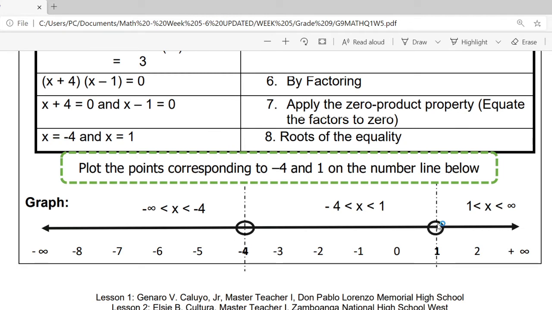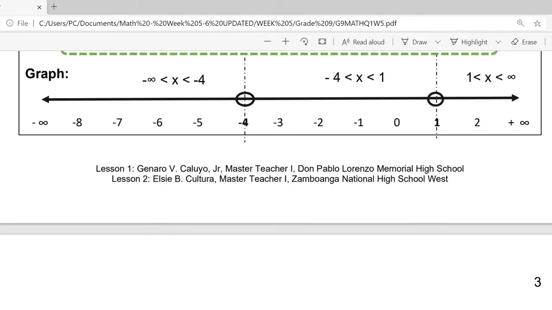So just like this. Then from here, you have to create an interval. So this is your first interval, second interval, and third interval.